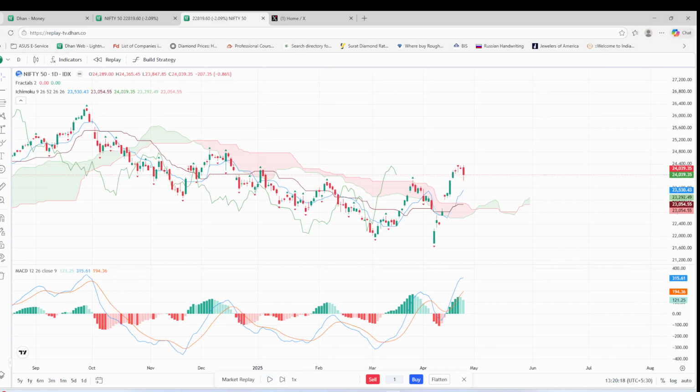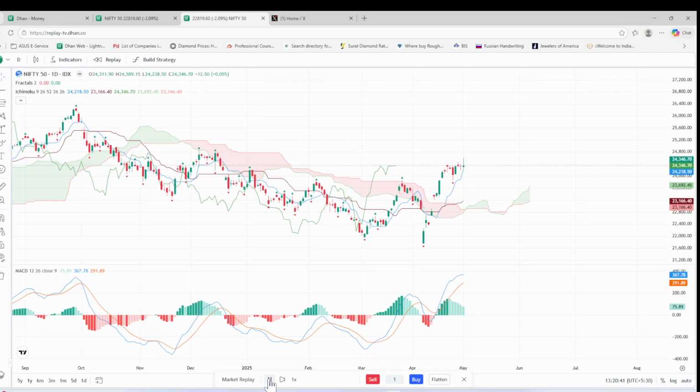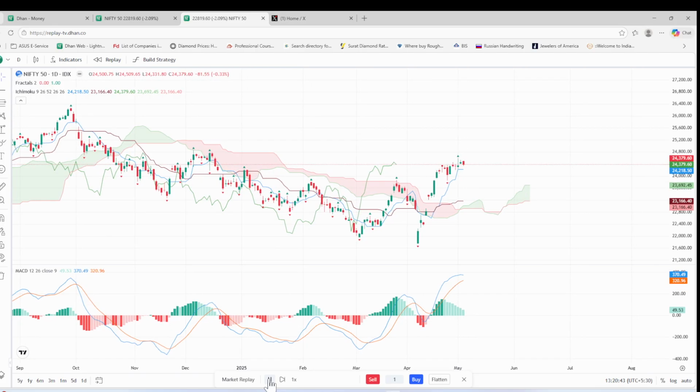See? This is Tenkan-sen and this is Kijun-sen. The Tenkan-sen will give a flat. Kijun-sen is also entering into flat, and this Chikou span is entering near the cloud, and we need a bounce, right? So don't rush when you want to make yourself a successful trader. Don't rush unnecessarily.